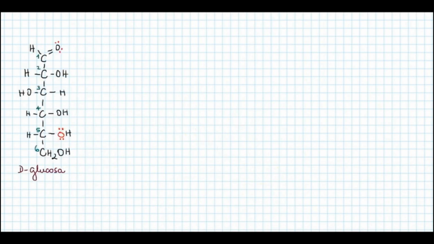Let's consider, as we just said, that it would be like a horseshoe, where here I have carbon 1 and here carbon 5, close to each other. If we analyze carbon 1, it has an sp2 hybridization with a double bond with the oxygen. Of these two bonds, one is the pi, which is weaker than the sigma.